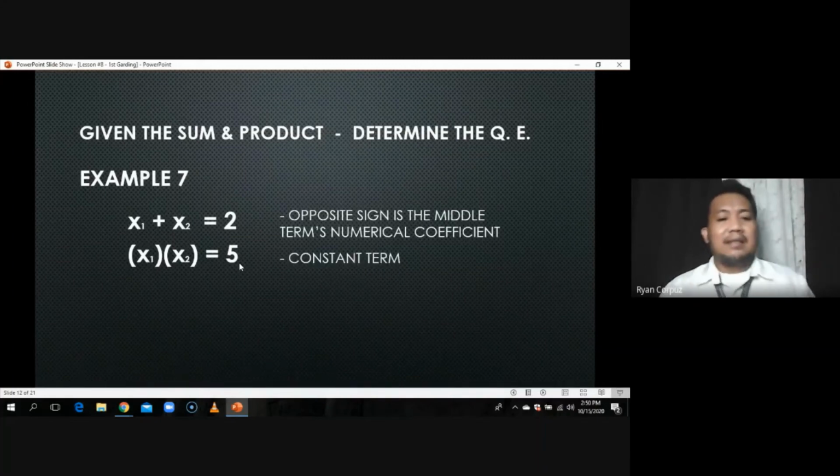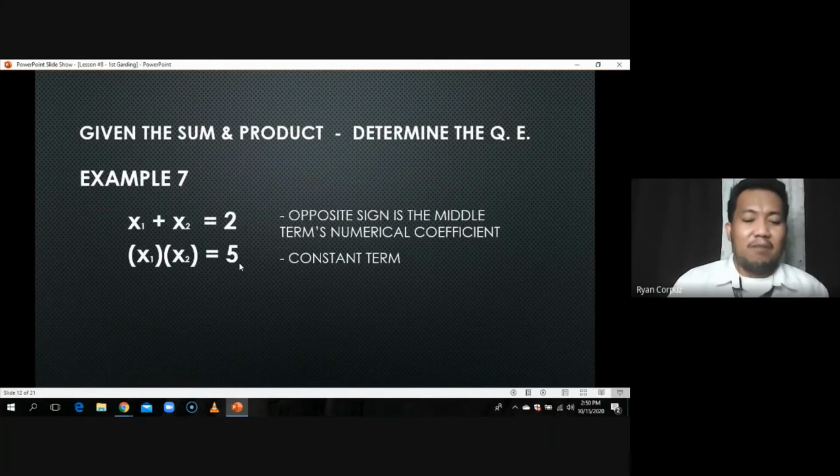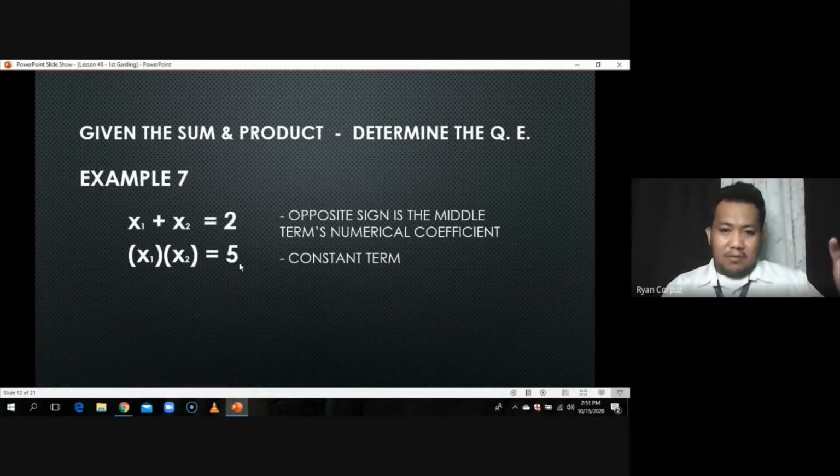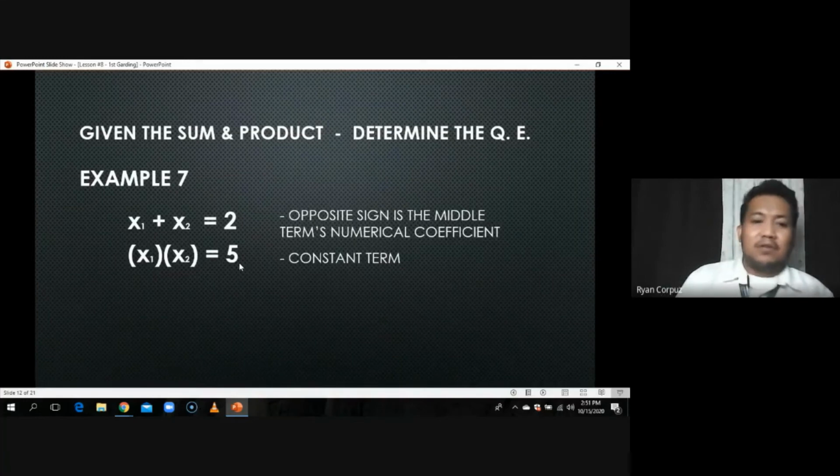While that product of the roots, that is the constant term of the given quadratic equation. The first term, we do not have a problem on that. It's because the usual is we make use of the variable x, and it should be in a quadratic term. It is a variable that was raised to the second power.